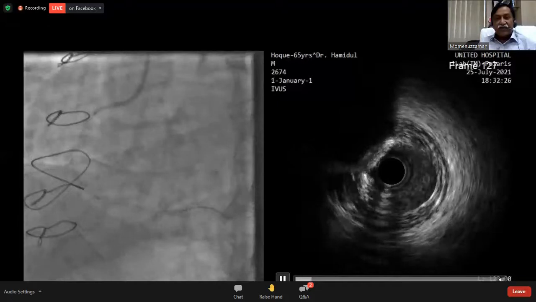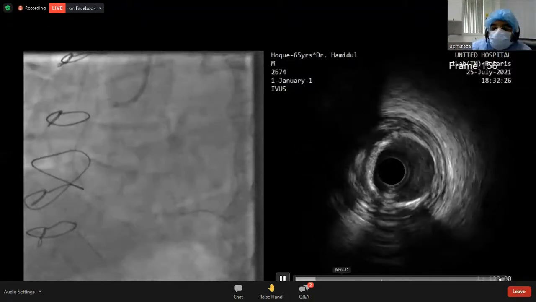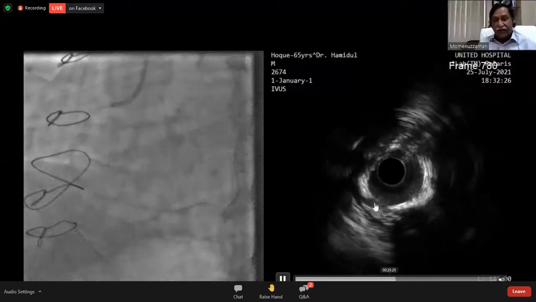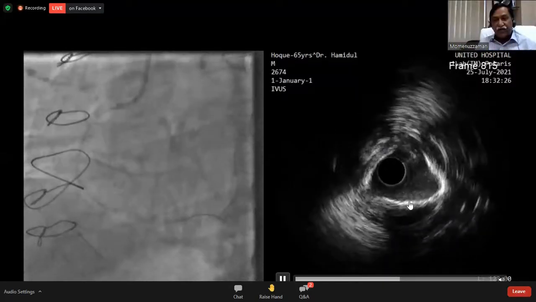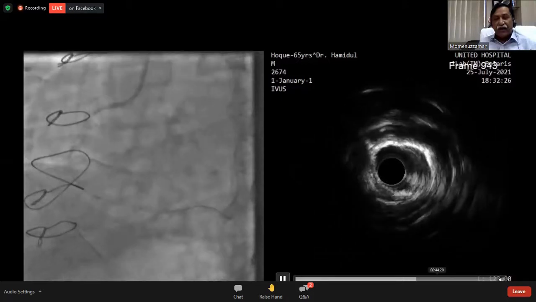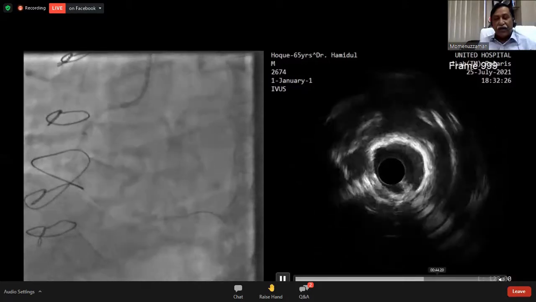You see the IVUS shows almost an arc completely encircling, and there are some places that were rotablated, and they encircle most of the area of the endothelium.